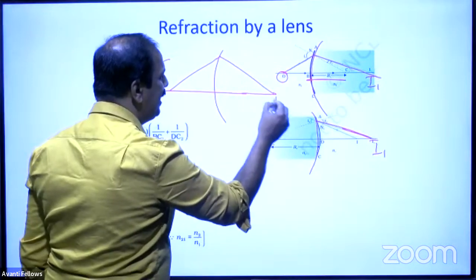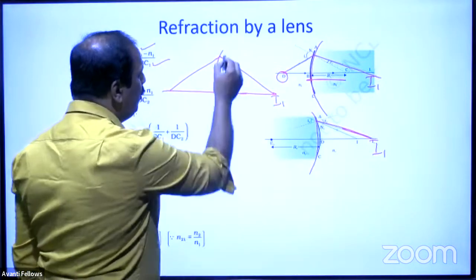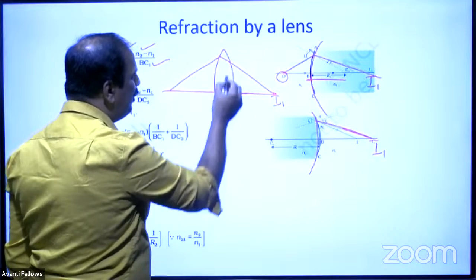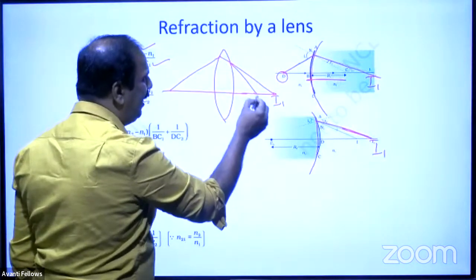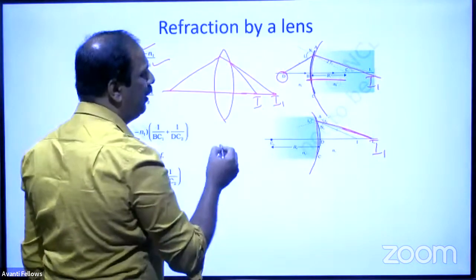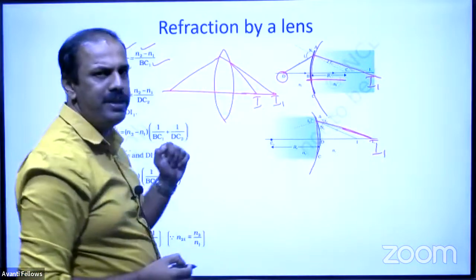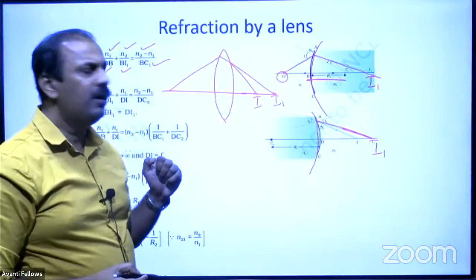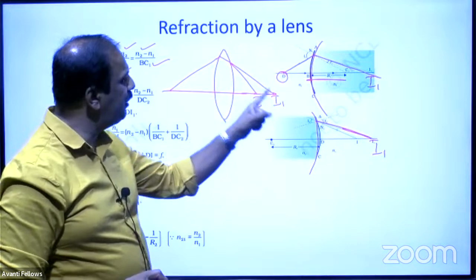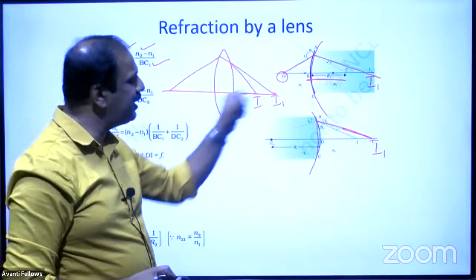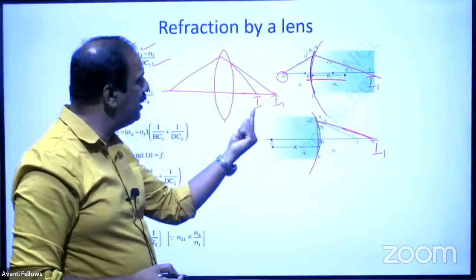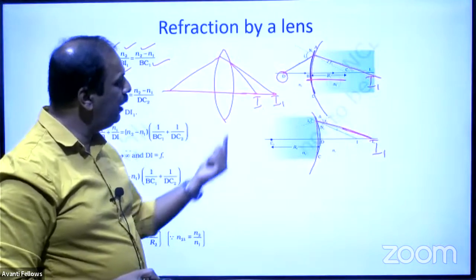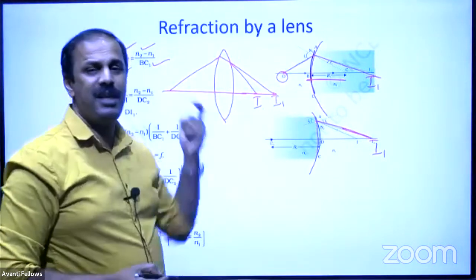So this is I1. When you take the next surface, due to the next surface, it bends again here and I comes here. So for the second surface, what is the object? The image formed by the first surface becomes the object for the second surface, so that the final image comes here.